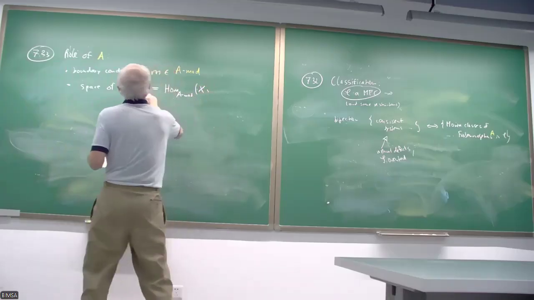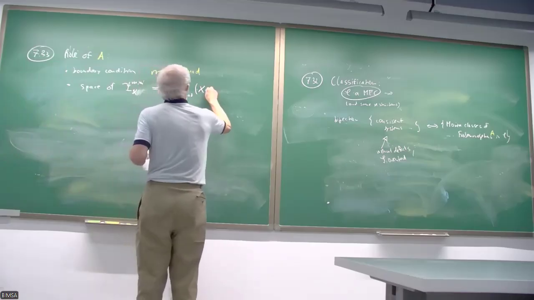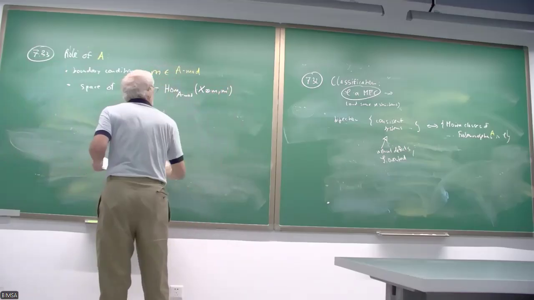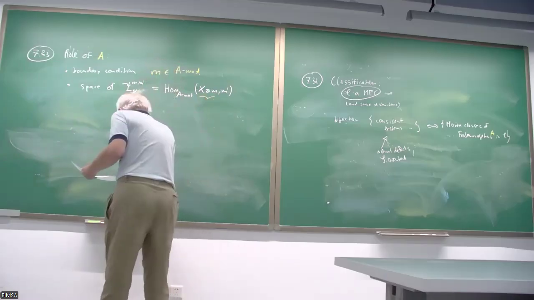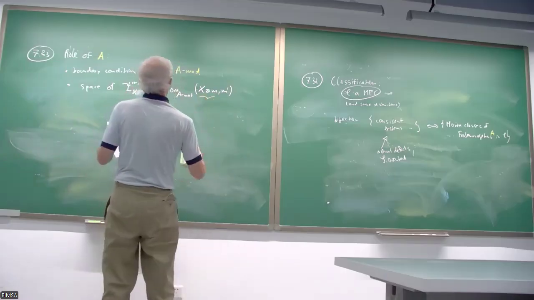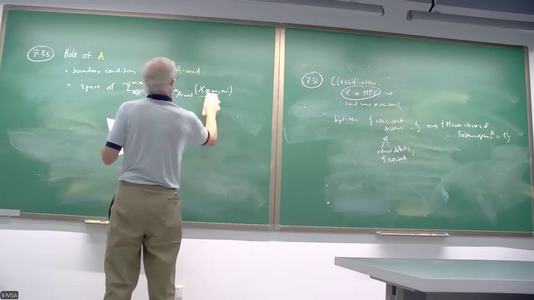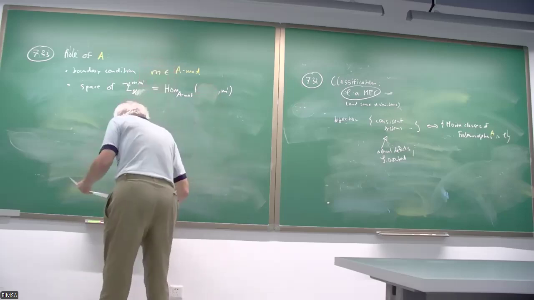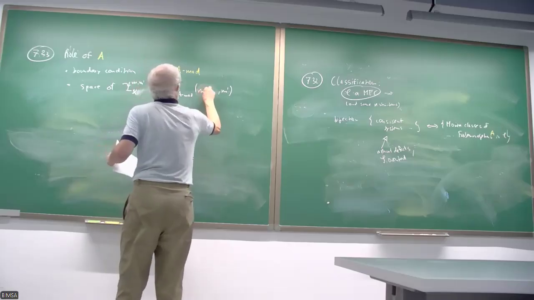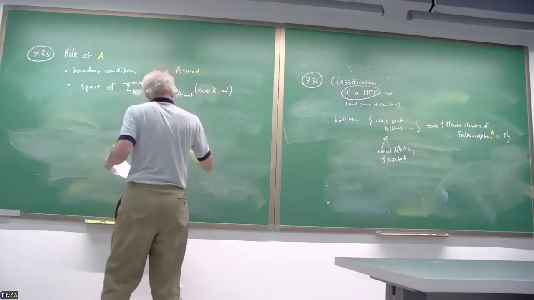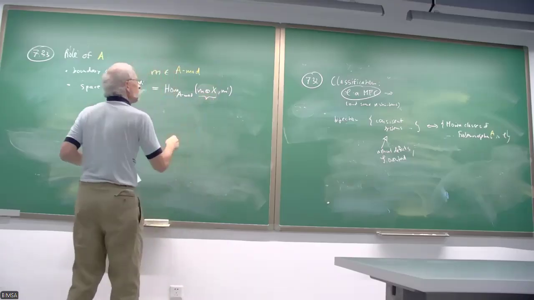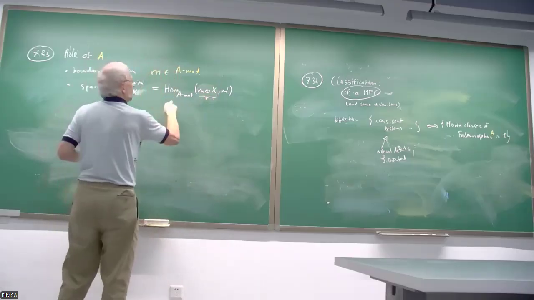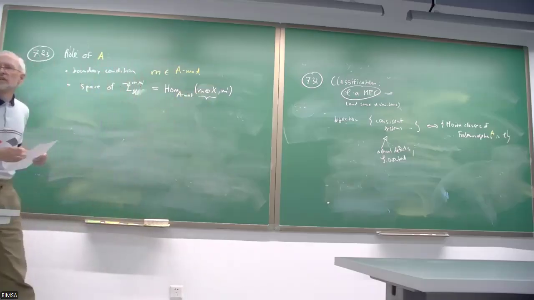I wrote this for general X, X tensor m prime, where M and X, where I regard this object in C here as an A module by acting with A on the first factor.